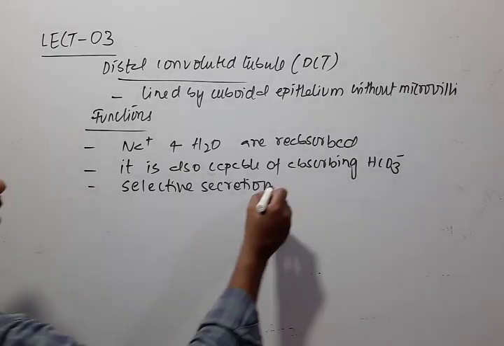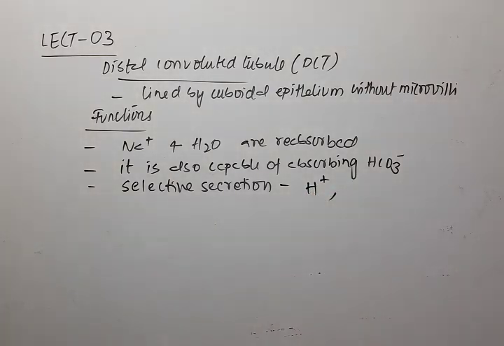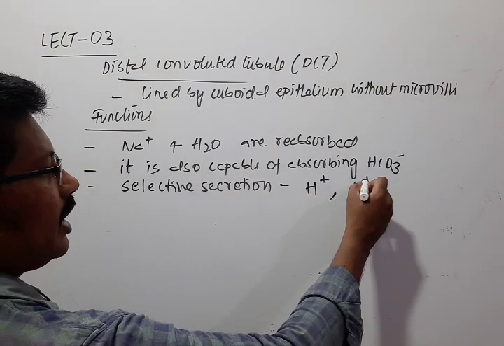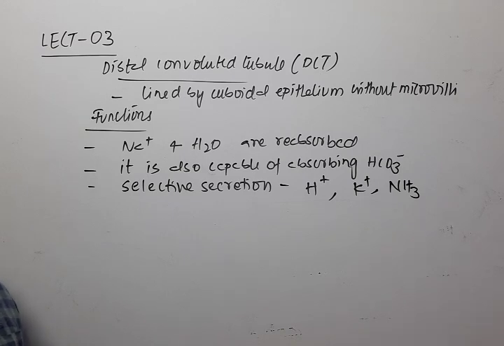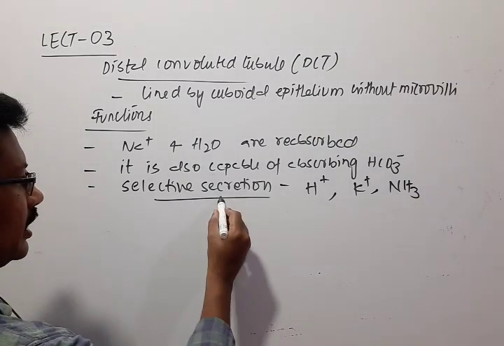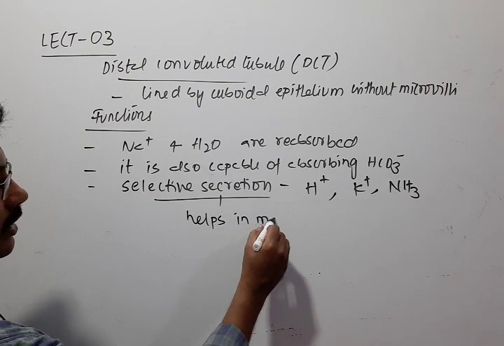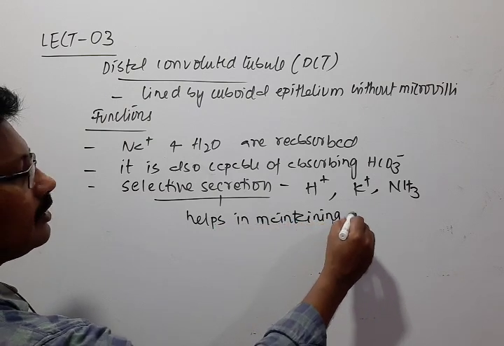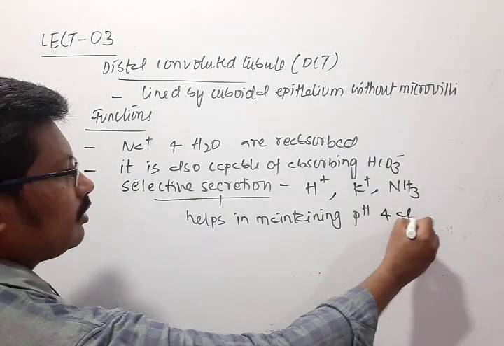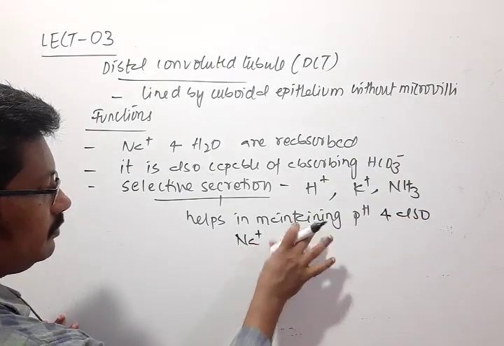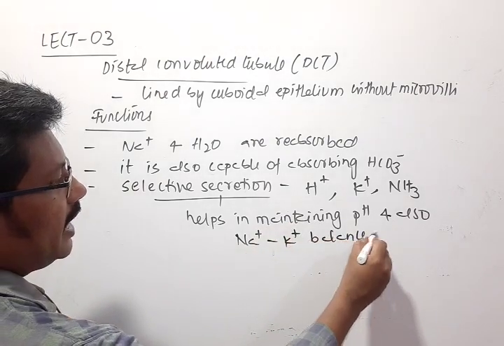That will be hydrogen ions, potassium ions, and ammonia, and this actually helps in maintaining the pH, and also helps in maintaining the sodium potassium balance in the body.